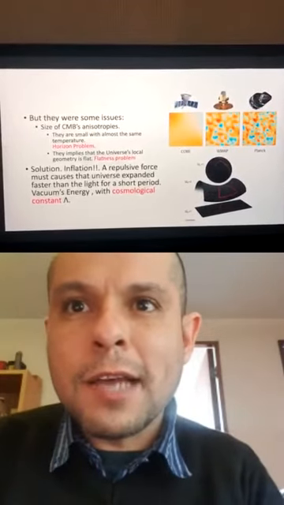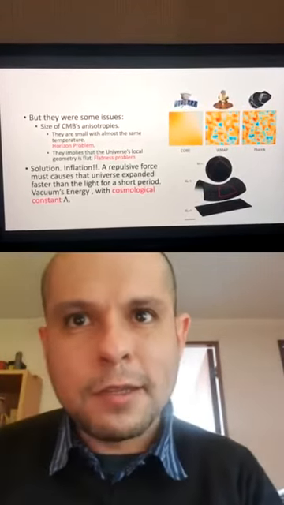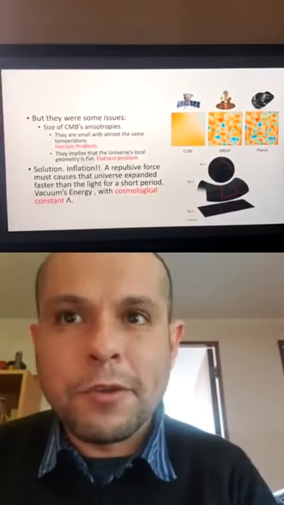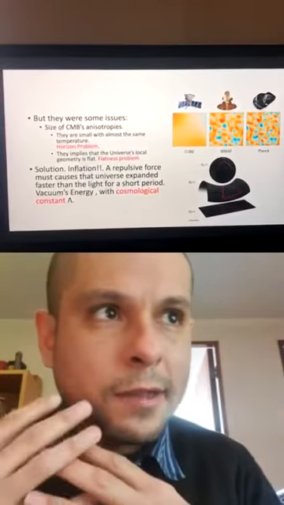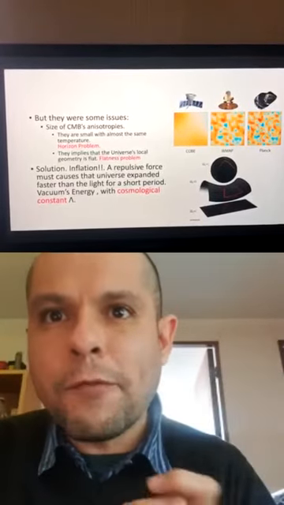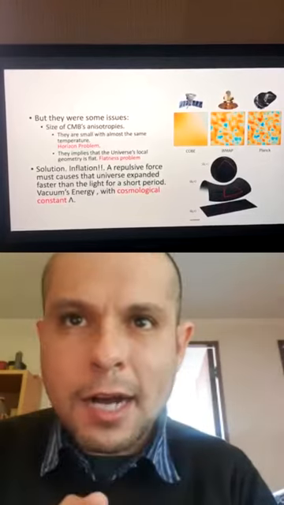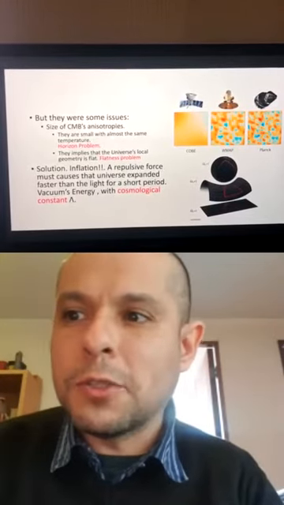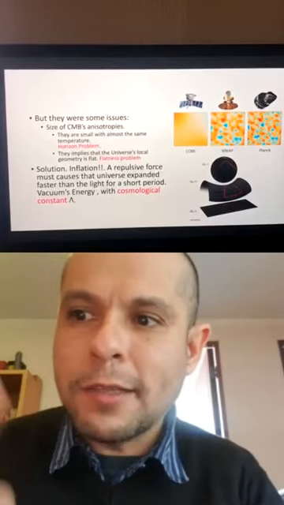For that, you need a cosmological constant that lives in the beginning of the universe, in the first seconds, and then dies away. But basically, we take back Einstein's idea of the cosmological constant, and we use it to sort out these issues, the horizon problem and the flatness problem.